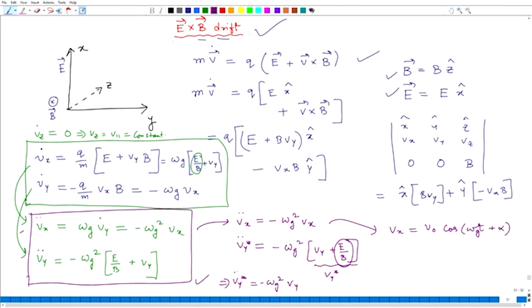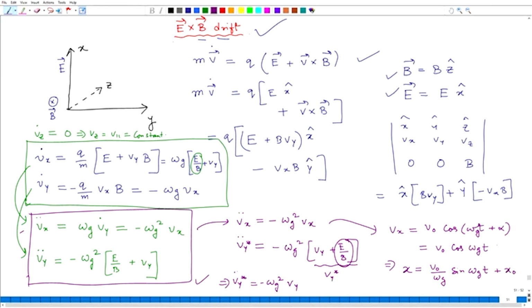That alpha I can forget for the time being, so I say this is V0 cos omega g t. If you have this, then I actually have my x equal to V0 by omega g sin omega g t plus x0.